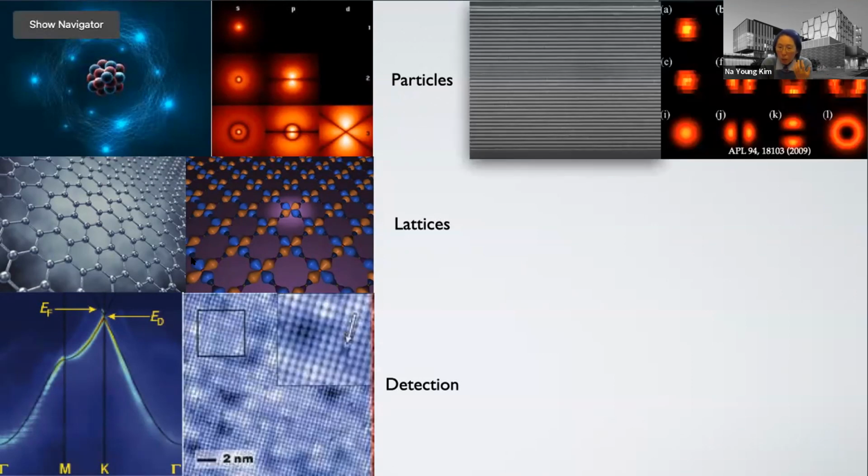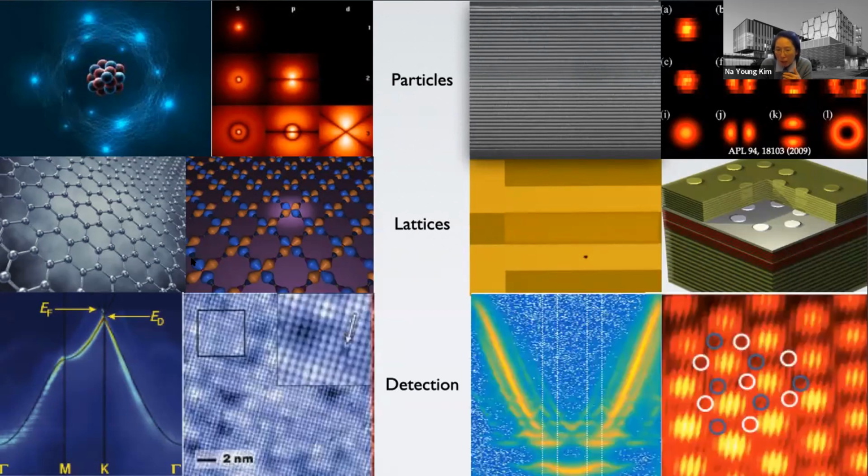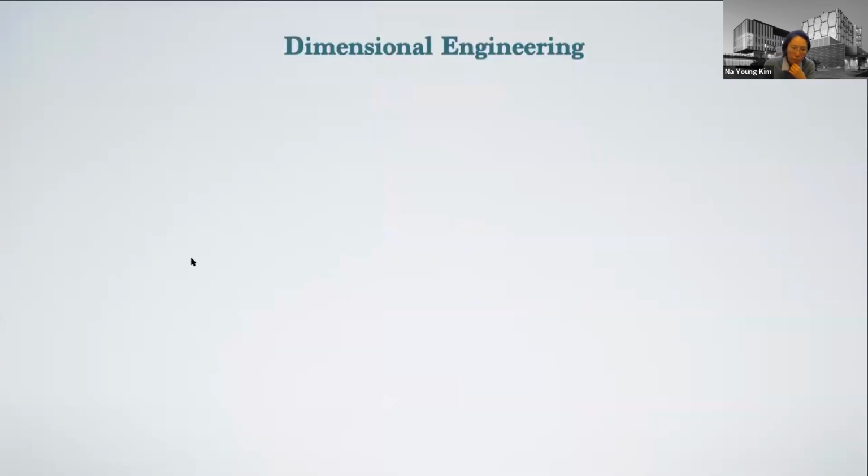In our case, we form polaritons. We create artificial lattices, and then we look at the leaked photons to characterize the energy dispersion relations as well as the wave functions in real space.